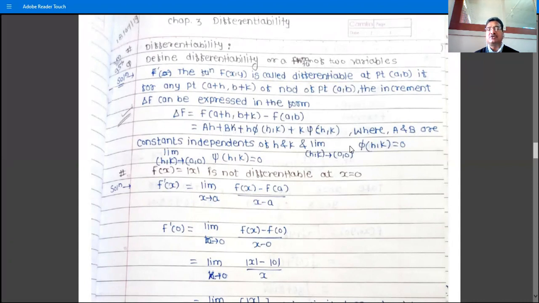These are functions of h and k, and the limit of φ and ψ tends to 0 as (h,k) tends to (0,0). Limit of φ(h,k) as (h,k) tends to (0,0) is 0. Limit of ψ(h,k) as (h,k) tends to (0,0) is 0.